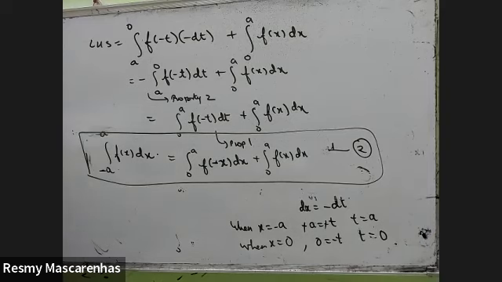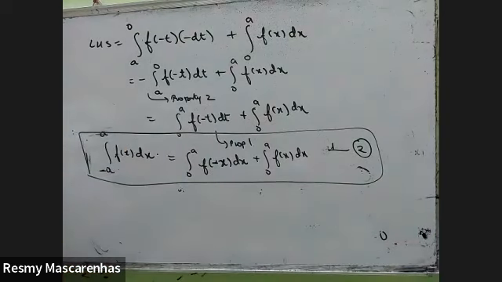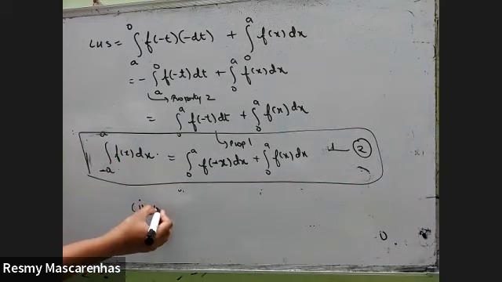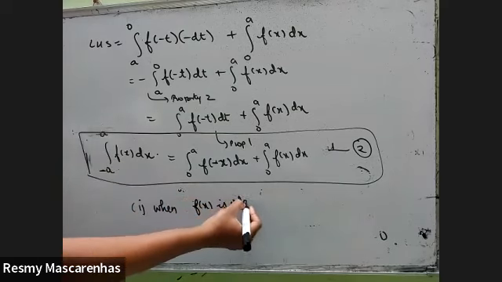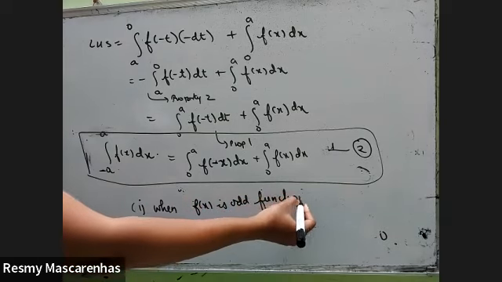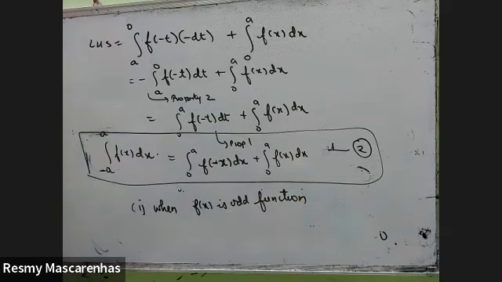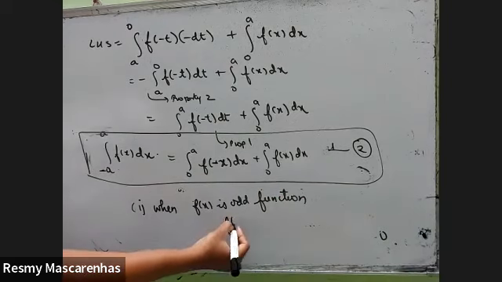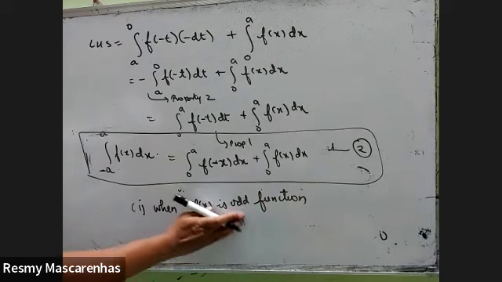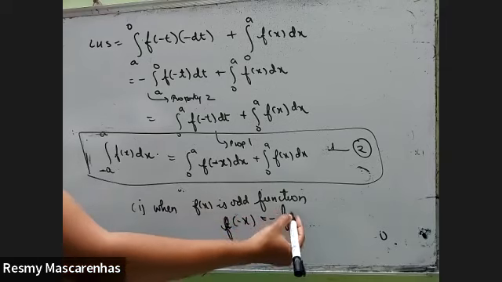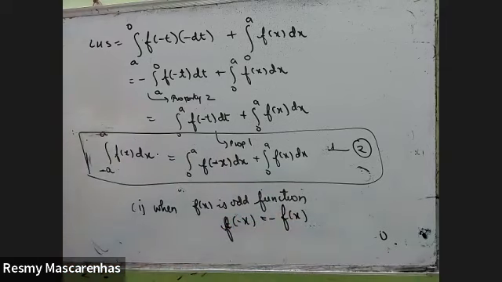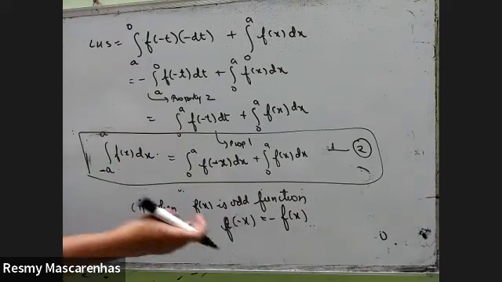Now there are some conditions given. First one, in the question, you check in the proof what was given: when f of x is an odd function. So f of x is an odd function. I told you what the condition is: f of minus x is equal to minus f of x. Put this in equation 2.